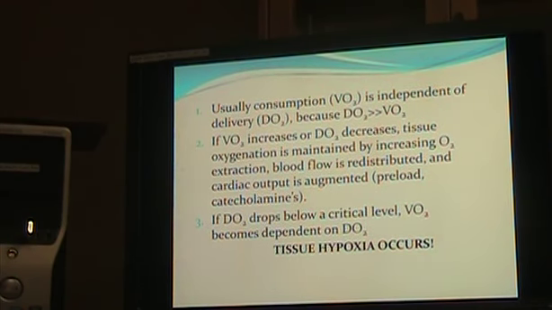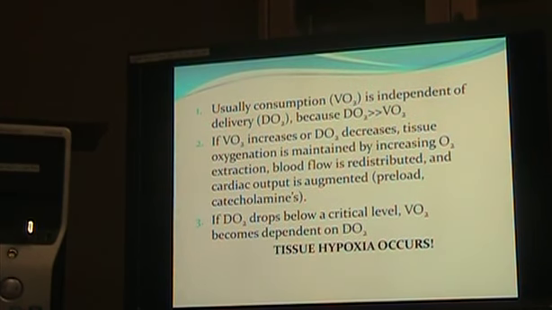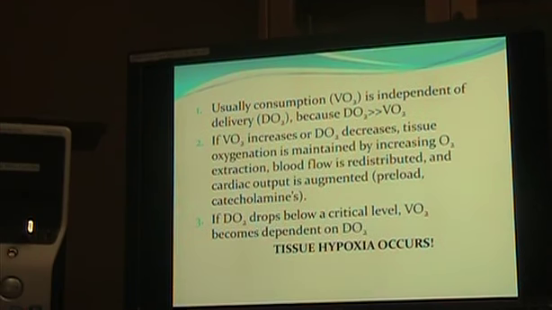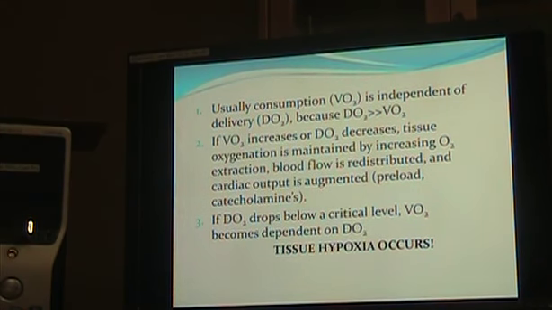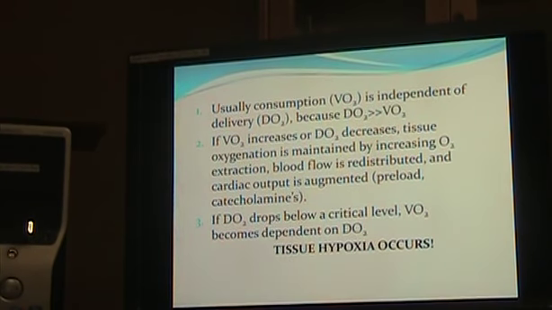Now, typically when we think about oxygen consumption, VO2, we are really not afraid that we are consuming too much oxygen because our body has a tremendous capacity to deliver oxygen in a way that there's no possible way in a healthy individual that we are able to utilize all the oxygen that's delivered to our tissues.